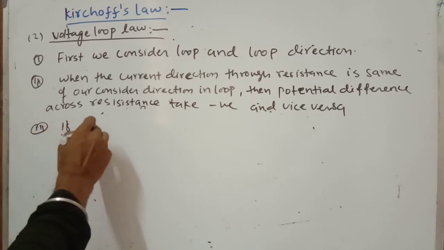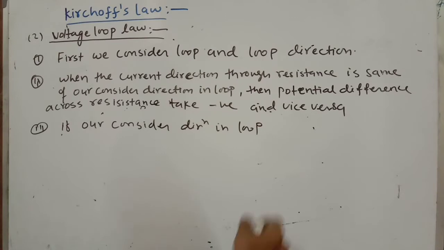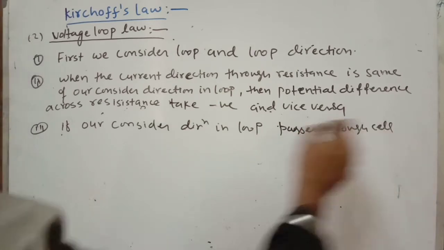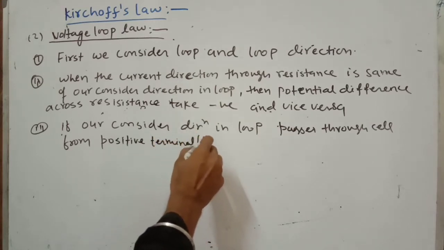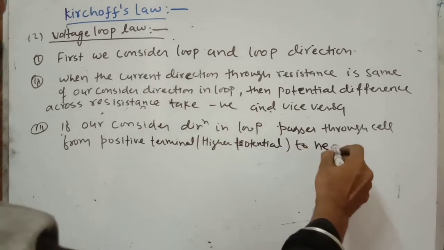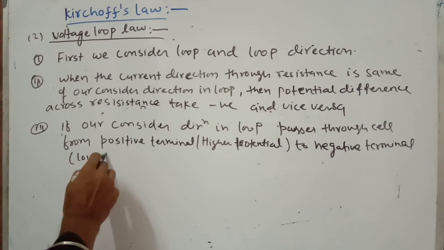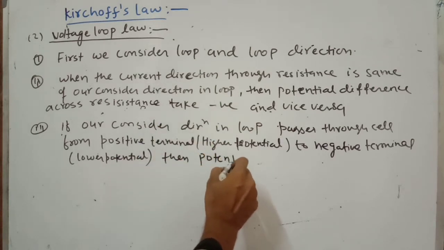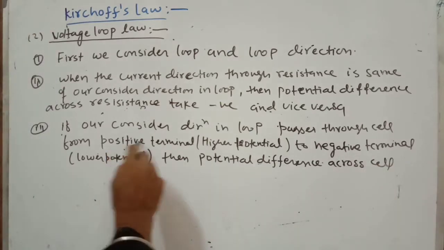Now the third statement is very important. If our considered direction in loop passes through a cell from positive terminal, that means higher potential, to negative plate or negative terminal, that means lower potential, then we write the potential difference across the cell, whatever here, positive terminal to negative terminal.